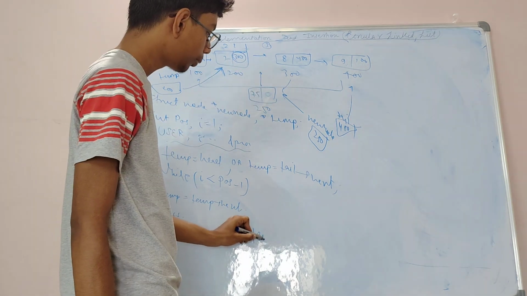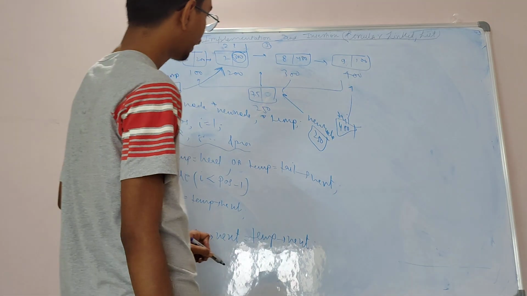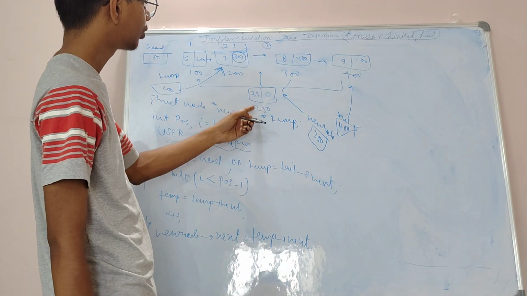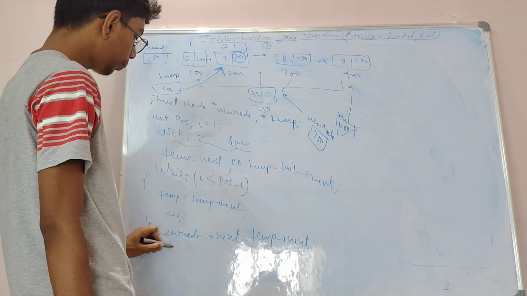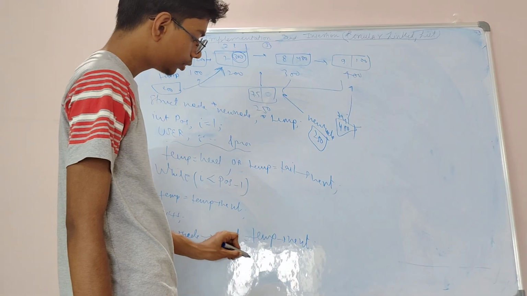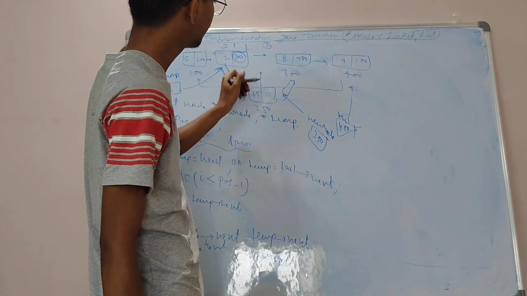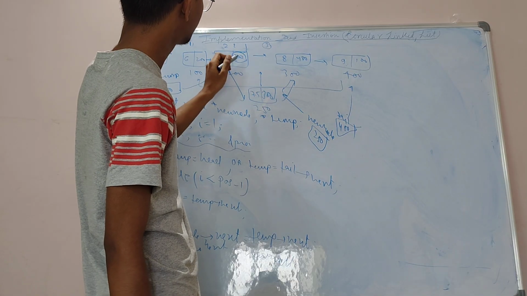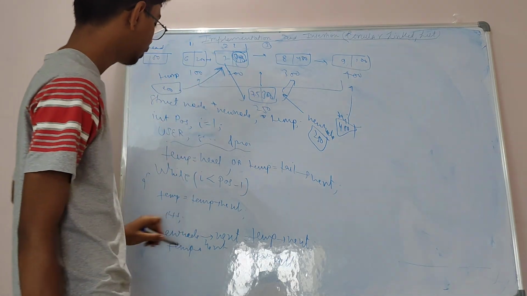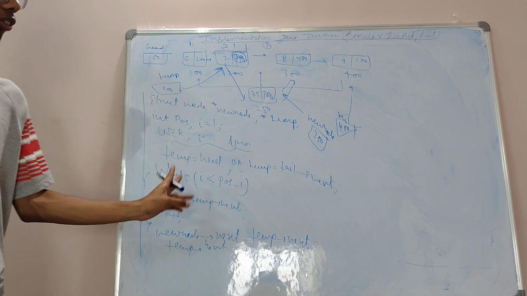I get my 300 from temp of next, and then temp of next will be new node. So I establish the links here and here: this is 300, this is 250. In this way I can insert my node. So this is all for today.